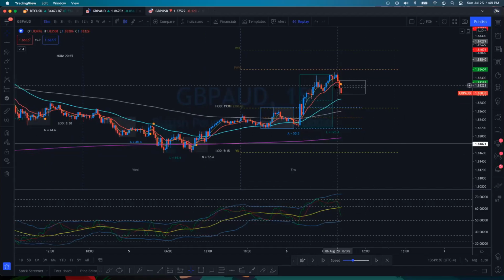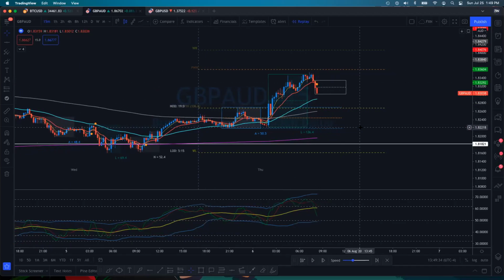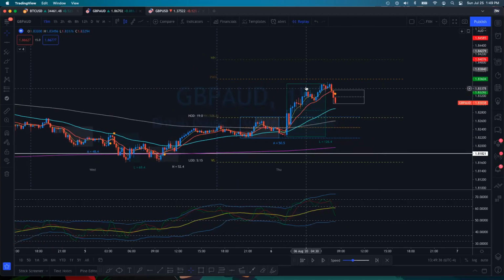It ended up being a multi-session one, where the first leg is here and the second leg is all the way up here.